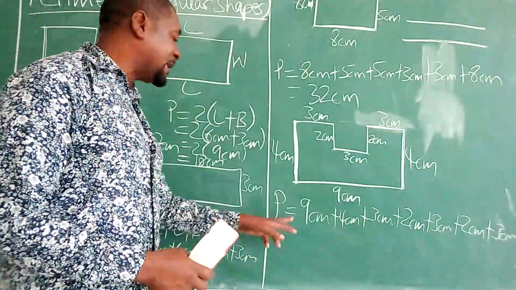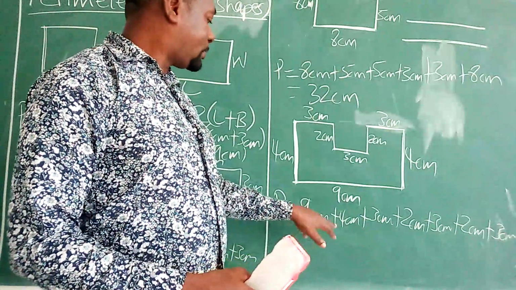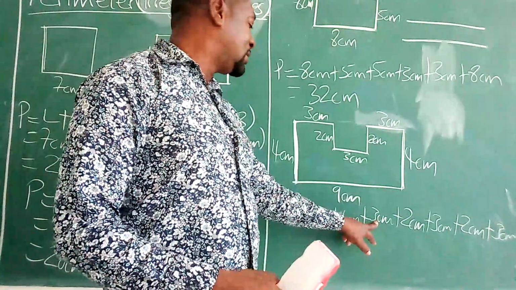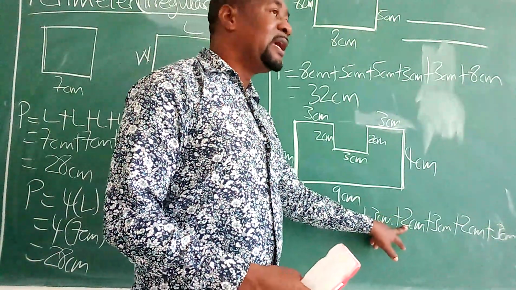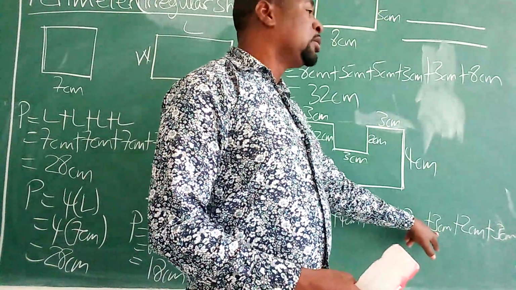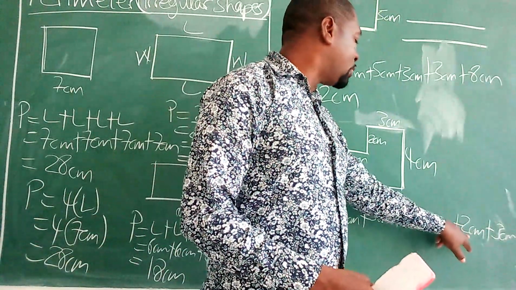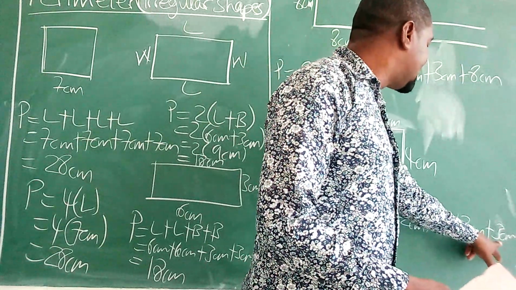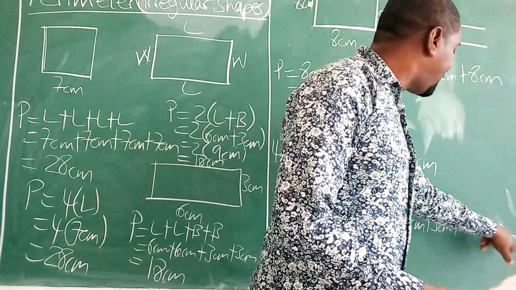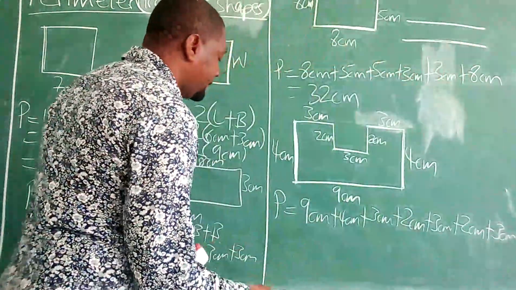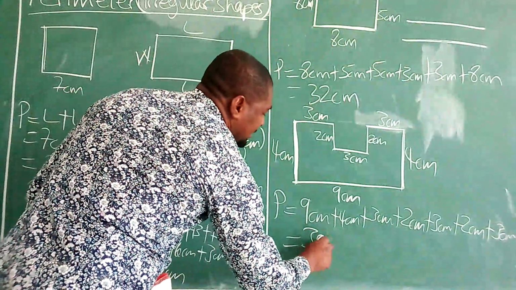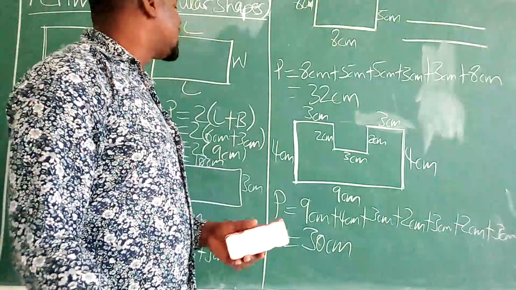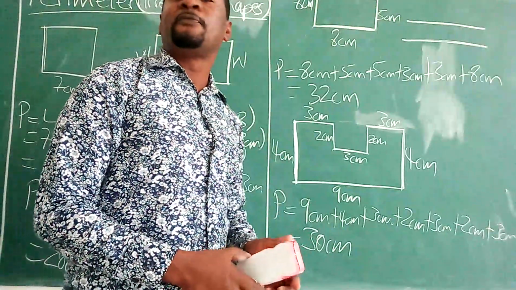So here let's add. 9 plus 4 is 13. 13 plus 4 plus 3 is 16. 16 plus 2, 18. 18 plus 3, 21. 21 plus 2, 23. 23 plus 2 plus 3, 26. 26 plus 4, 30. So here the perimeter will be 30 centimeters.